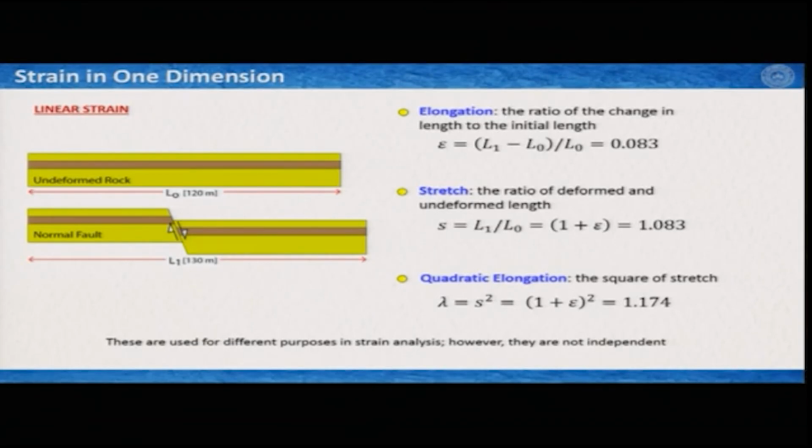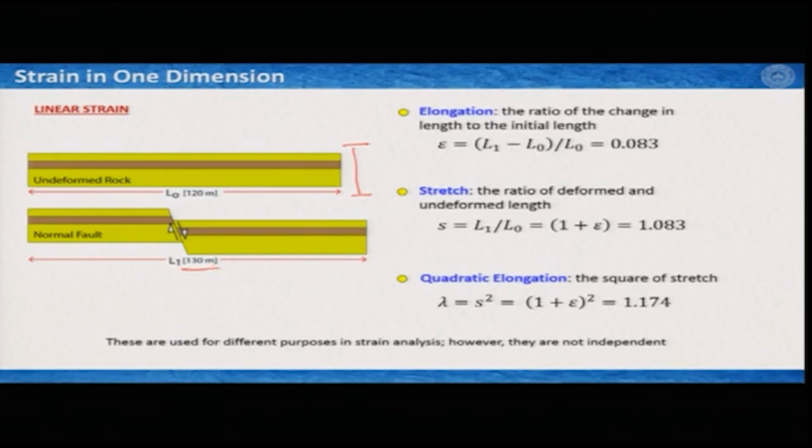There are 3 basic terms: one is elongation, one is stretch, and another is quadratic elongation. So here I have a representation of undeformed rock with length, say, 120 meters, L0, and if I make a normal fault on this layered rock, then say the length changes to 130 meters because it has extended.